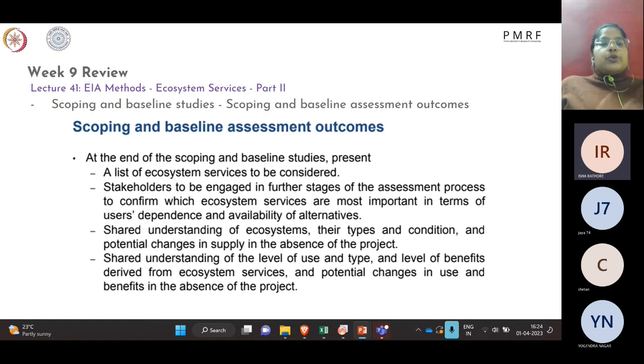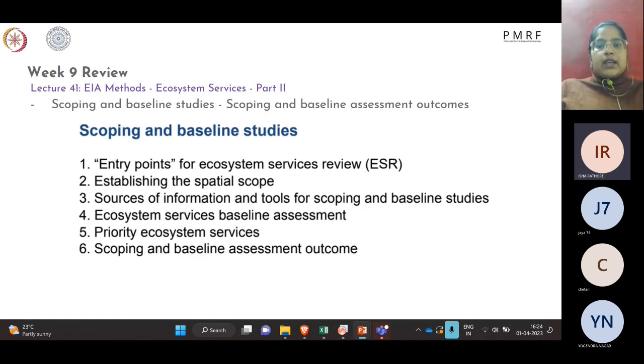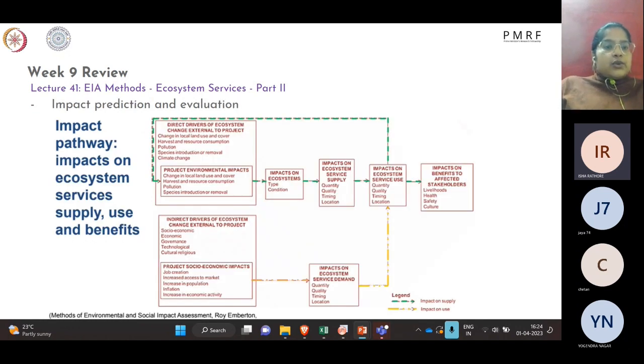So these are the outcomes which you present in your scoping and baseline assessment finally for ESR. So these were the steps for the scoping and baseline studies, and we covered all of them. Moving on, now you need to do impact prediction and evaluation.